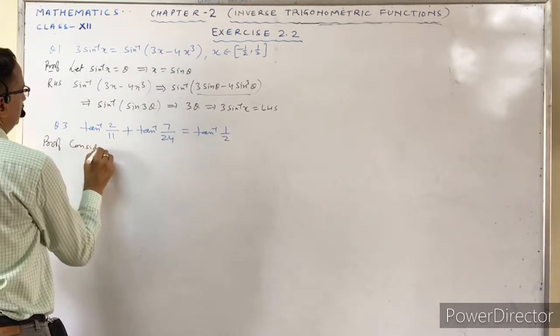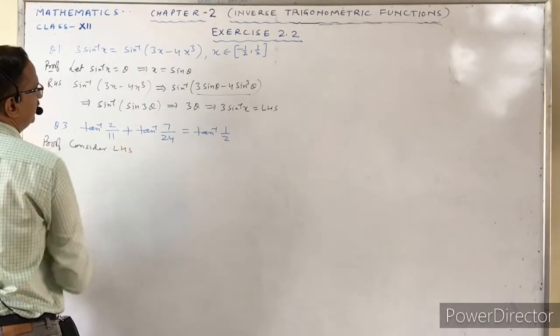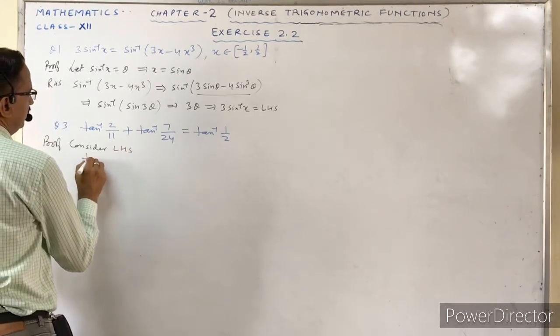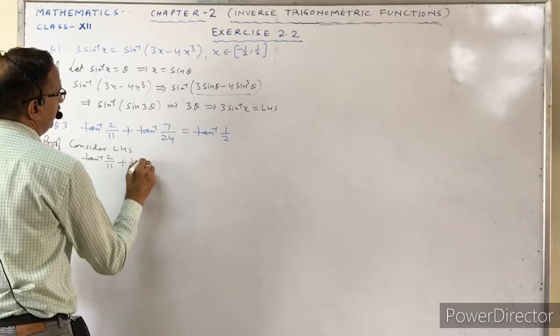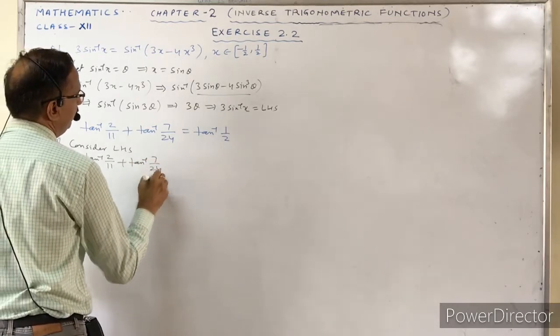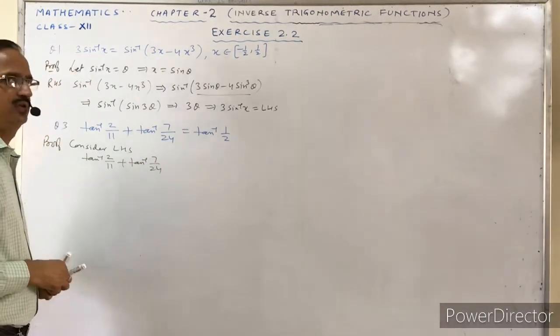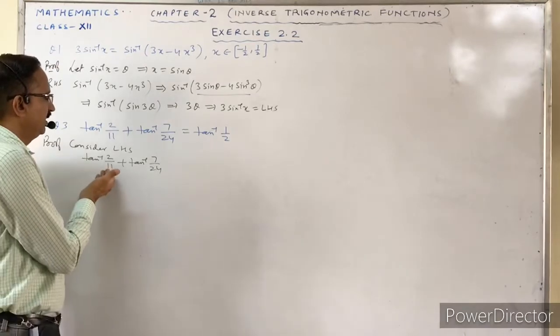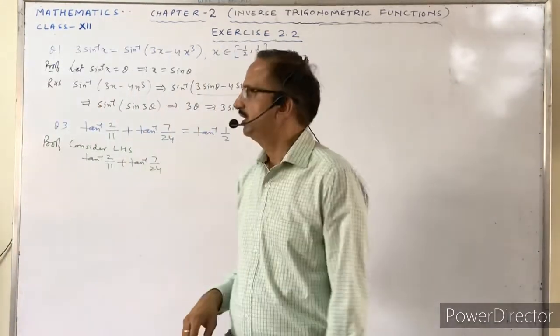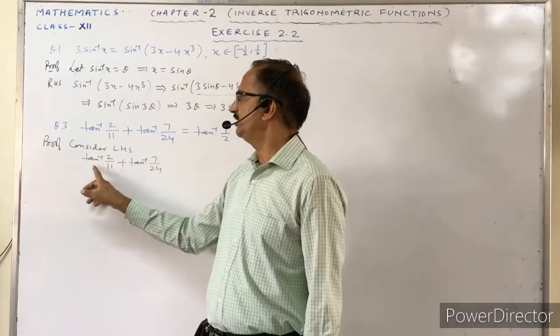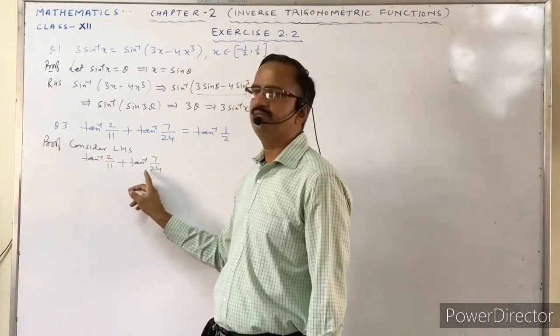Consider left hand side. This is tan inverse 2 by 11 and tan inverse 7 by 24. Now when we see this left hand side, then we observe that this looks like tan inverse x plus tan inverse y.